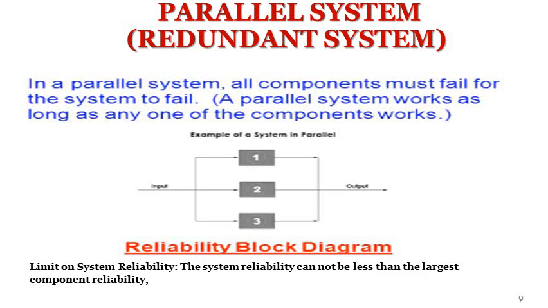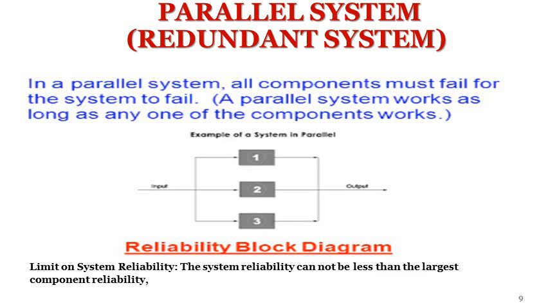Now we are moving to the parallel system. In a parallel system, all components must fail for the system to fail. Here the components are connected in parallel. As shown in the figure, 3 components 1, 2, 3 are connected in parallel.